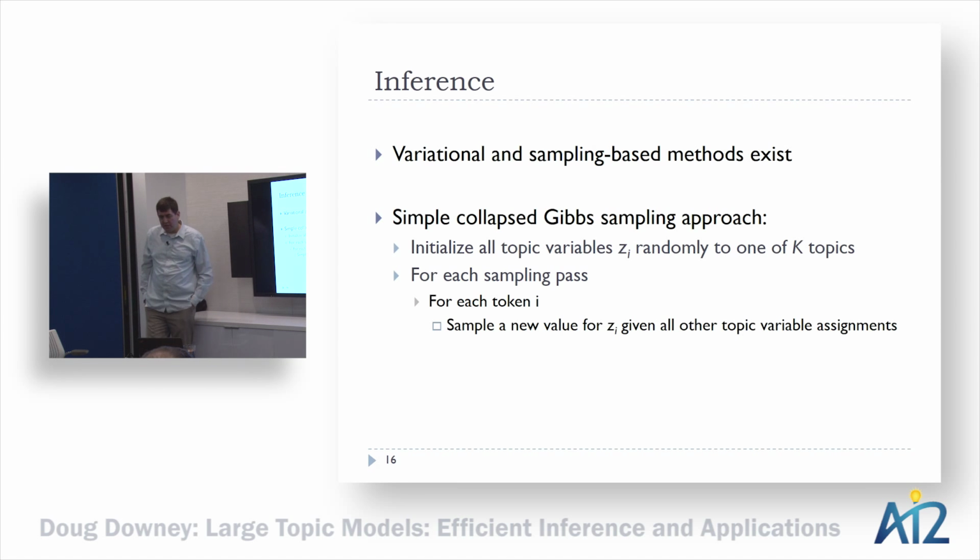So we start by initializing all these topic variables randomly, right? We set each of these z_i's for each token i to some random topic from our set of topics. And then we do sampling passes over the corpus. For each one of these tokens, we refresh our estimate of what z_i is based on every other setting z_i in the corpus.